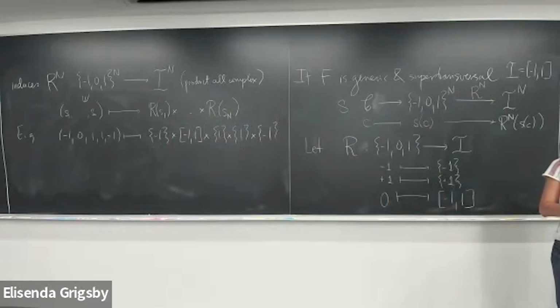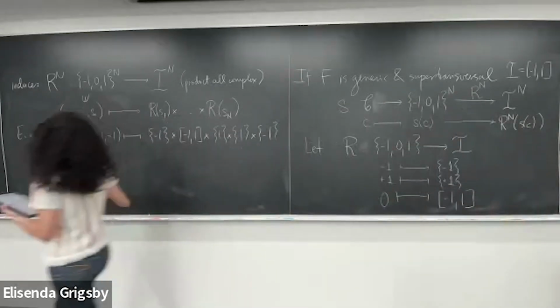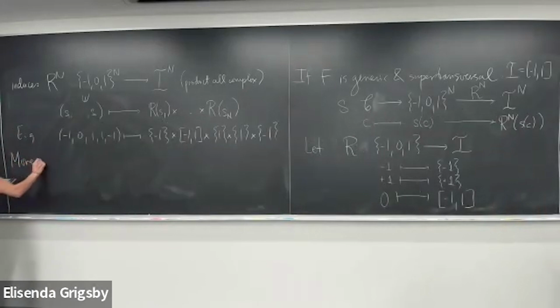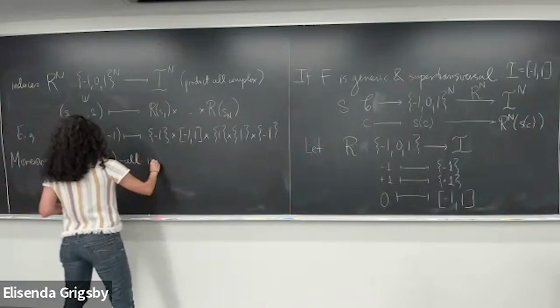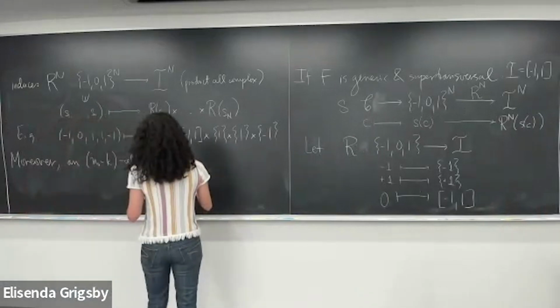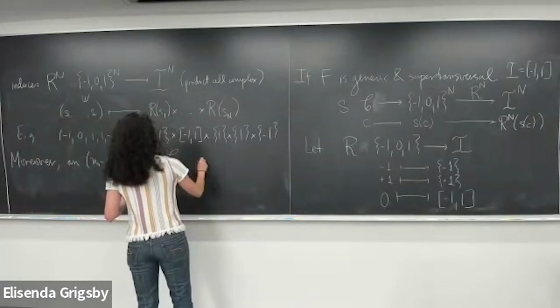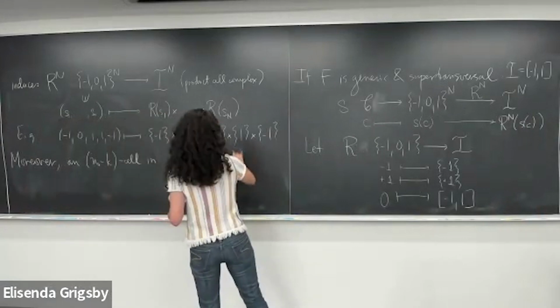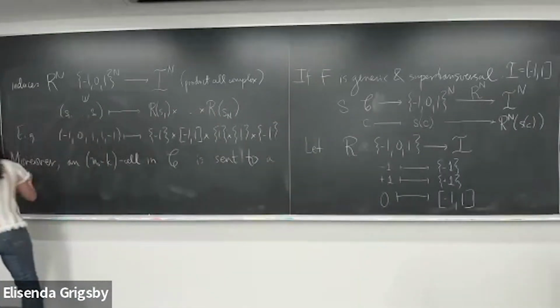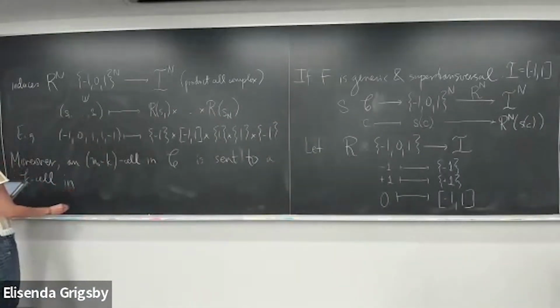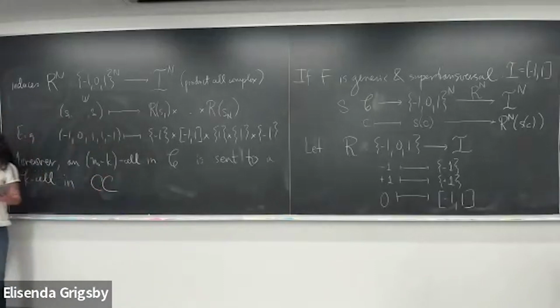Questions about that? So, moreover, again, because of the transversality, a 0 minus k cell in C is sent to a k cell in this chain complex.